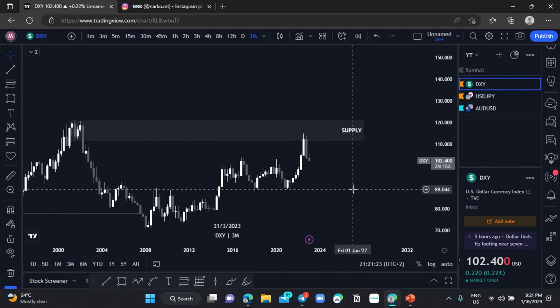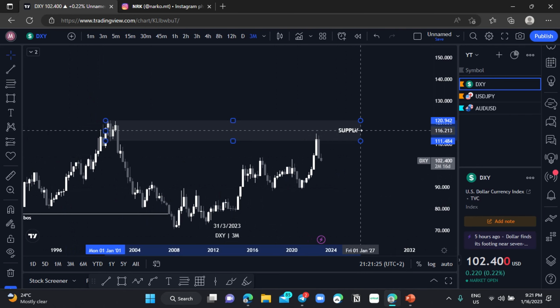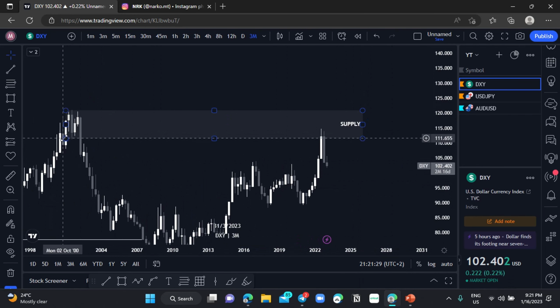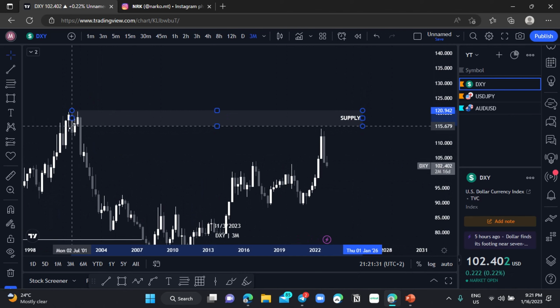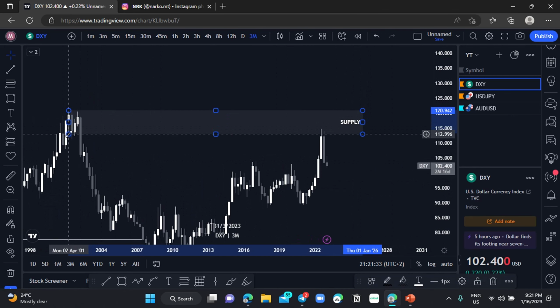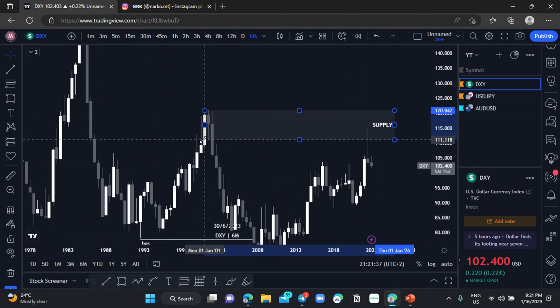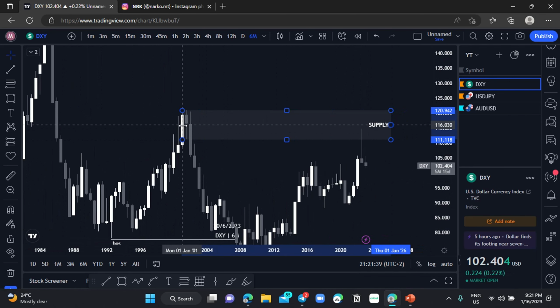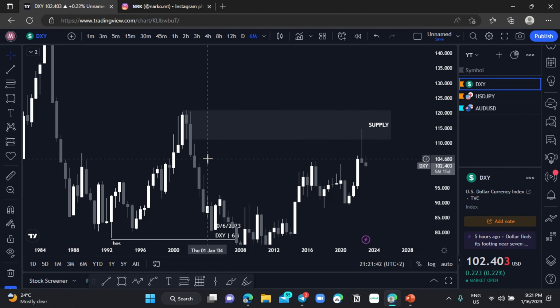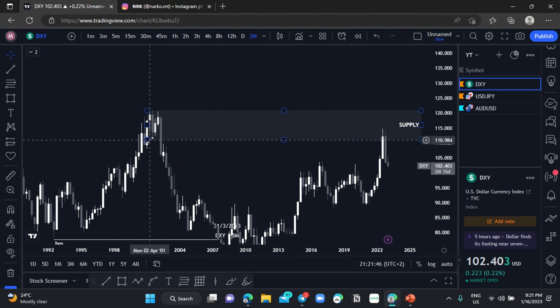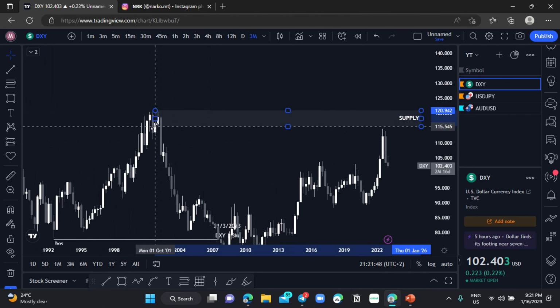Now as you can see, within that supply, there is a refined supply area. On the 6 month time frame we have this supply area here, but on the 3 months time frame we have this refined supply area here.